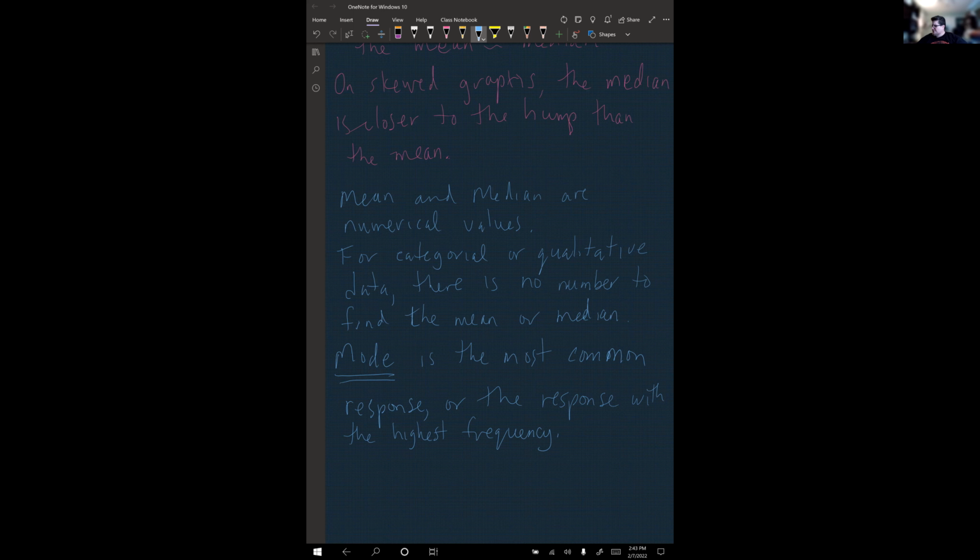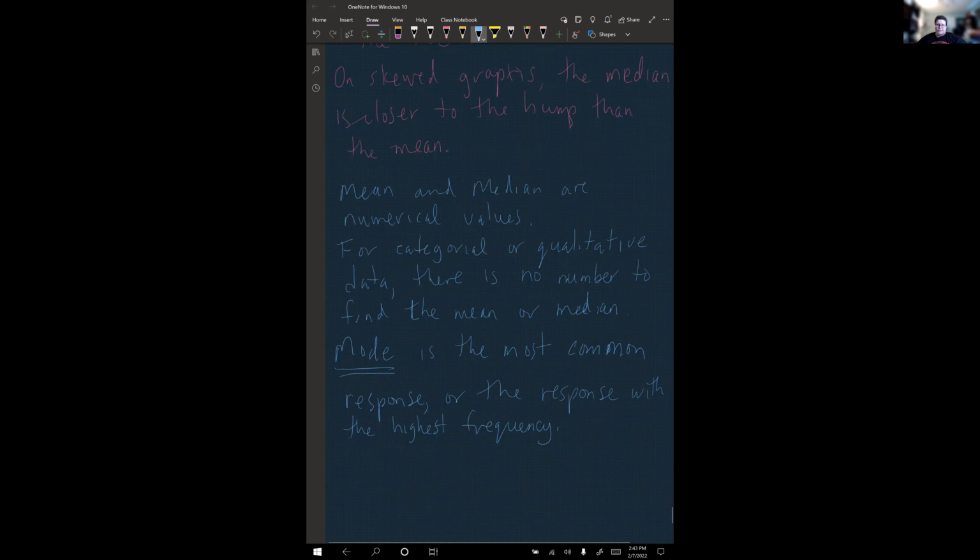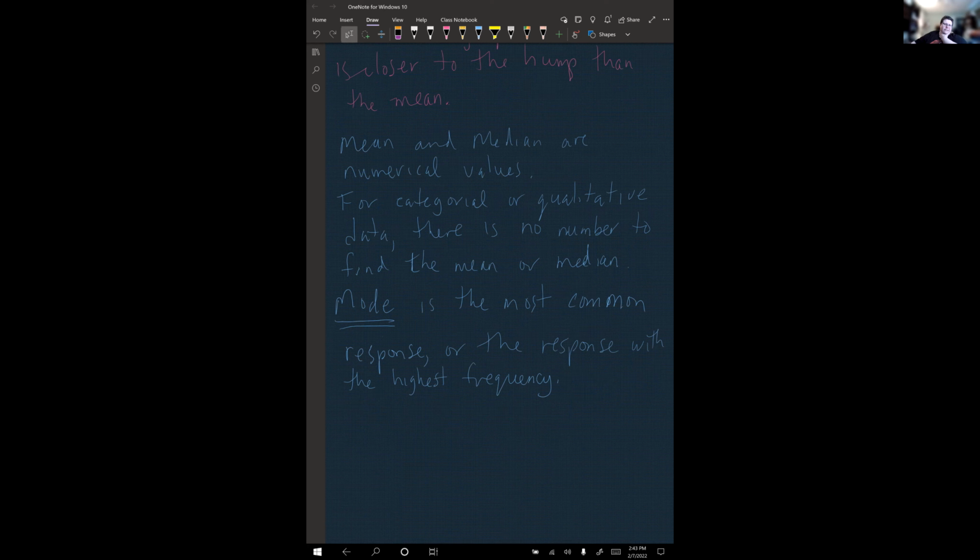In our age comparison that we just did, there were 2 18s, 1 19, and 1 46. So for our age sample, the mode was 18.